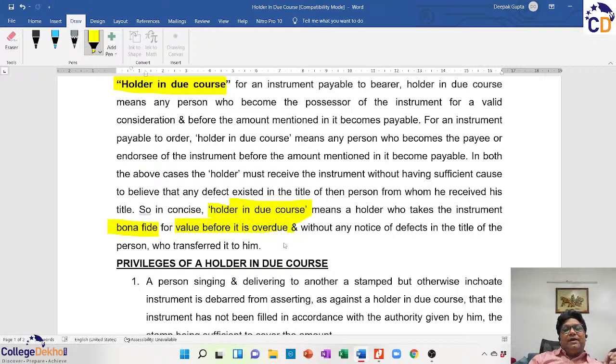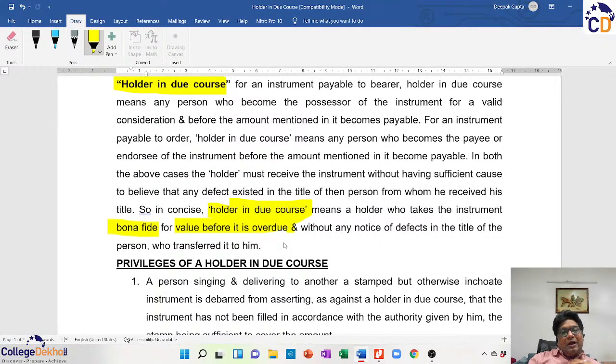It means if the instrument has matured, then the existing holder should get the instrument encashed and he should not be transferring it further. So if you are a holder who has become the endorsee before the amount becomes due, then you fulfill another characteristic of becoming a holder in due course.